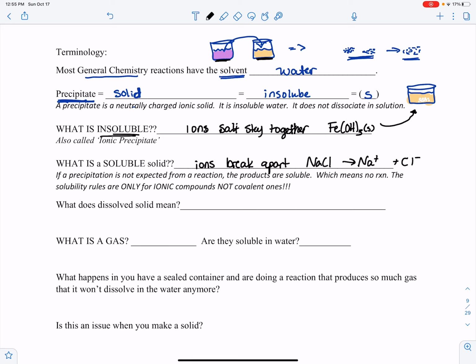We use an AQ for this one. So a soluble solid is when ions break apart, meaning they dissolve in the water. Another word you might hear us say is that something dissociates. When these ions break apart, they dissociate.